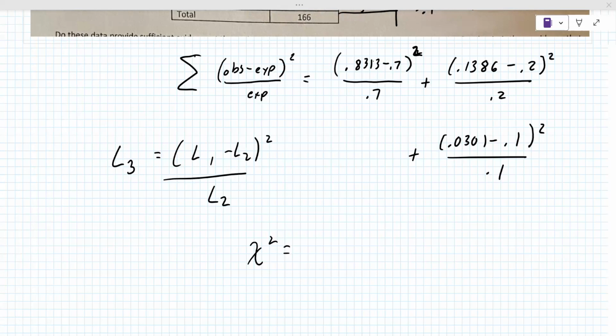I'm getting something that's not very large.